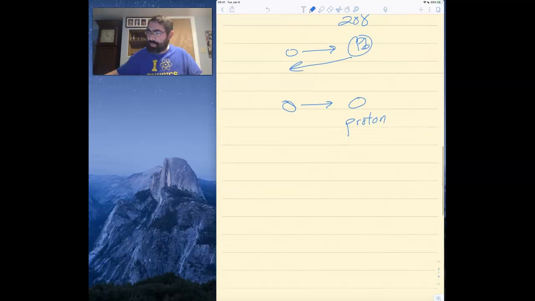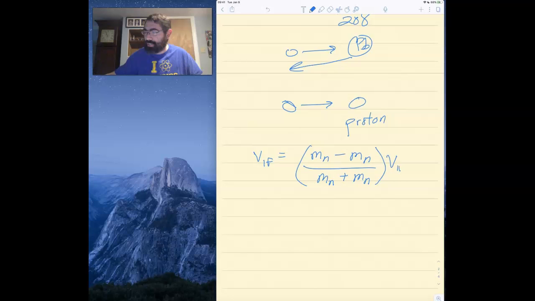and I put that into my equation, the final speed of the neutron is the mass of the neutron minus the mass of the proton, which is essentially zero, divided by the mass of the neutron plus the mass of the proton, times the initial speed plus 0.